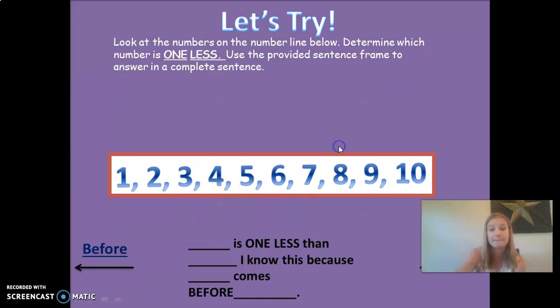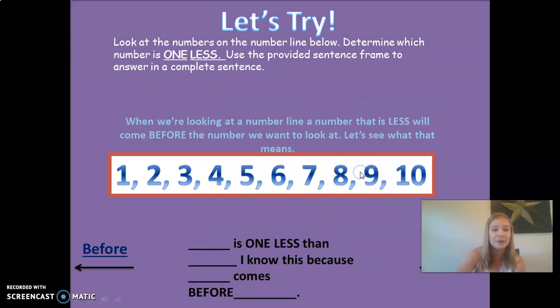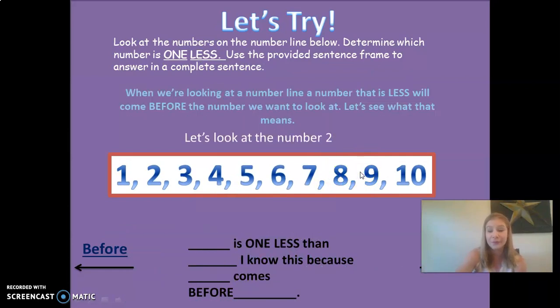Let's try again. Here's our number line. We're going to look at the number 2. We need to figure out which two numbers come right before, so on this side of 2, and right after, on this side of 2. So that's number 1 and number 3. I'm not going to say, oh, it must be number 10 or number 8, because those are too far away from the number 2. 2 is going to be in the middle right here.